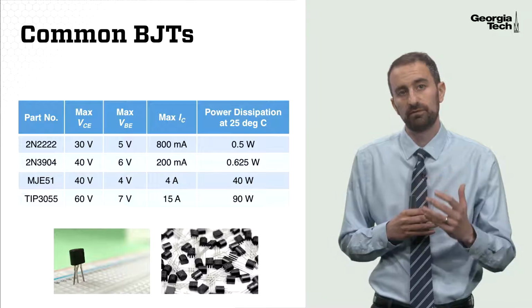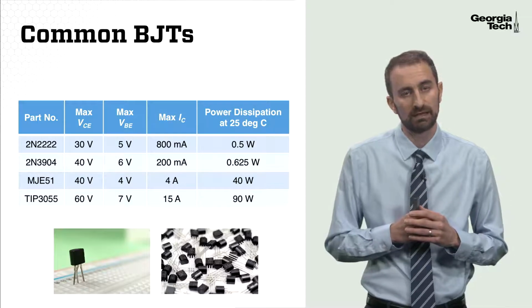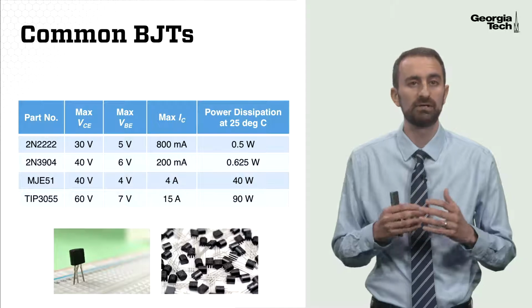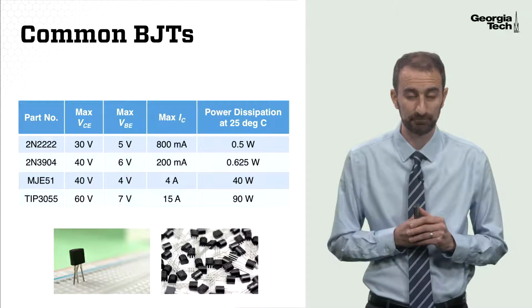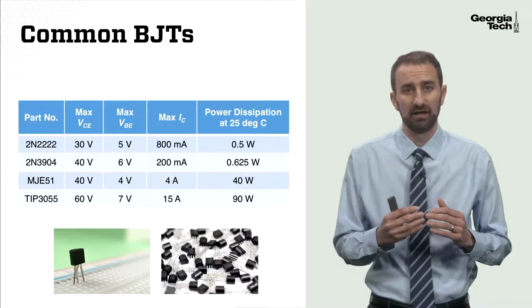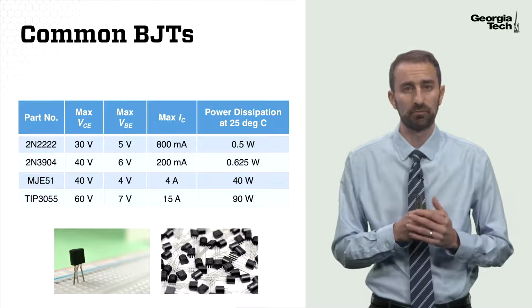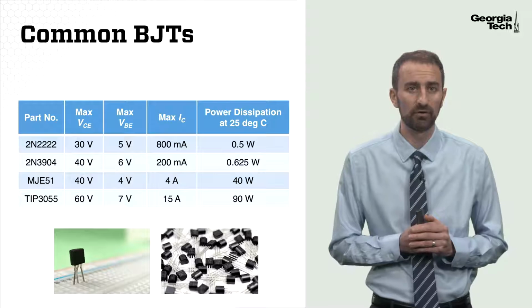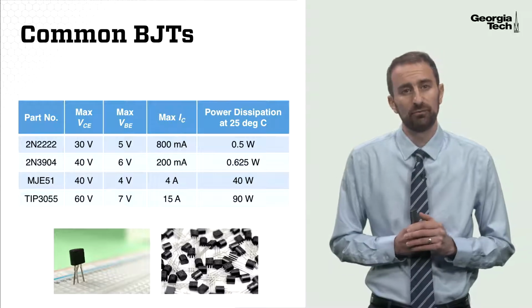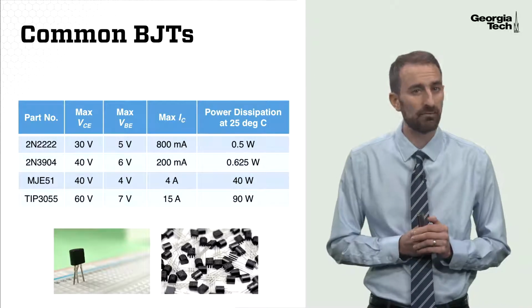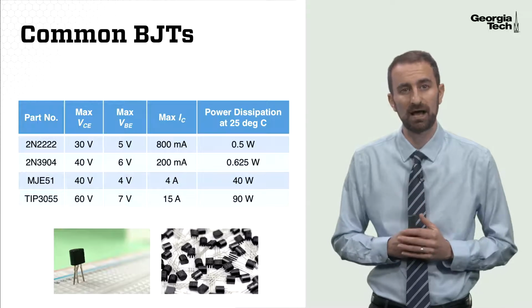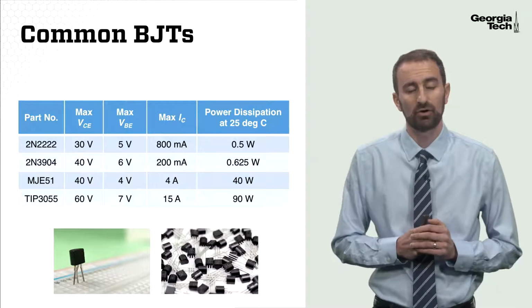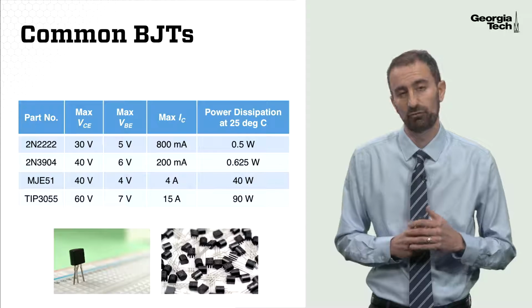It's important to identify an appropriate BJT for the application you're looking for that allows the appropriate amount of current to pass through. So for instance, for a particular motor, if you need to drive that motor with 1 amp of current, then you need to make sure that the maximum collector current through your BJT is greater than 1 amp.